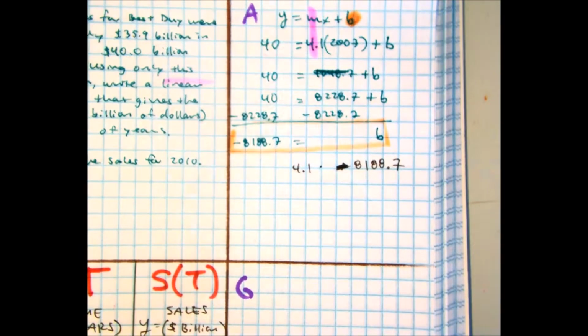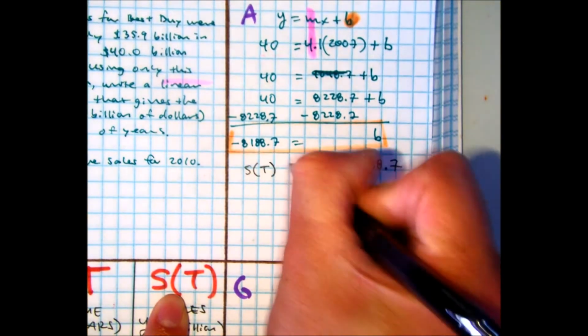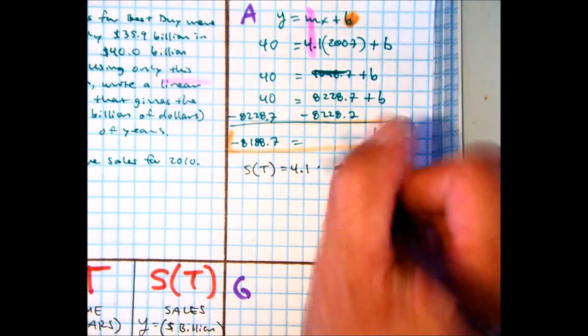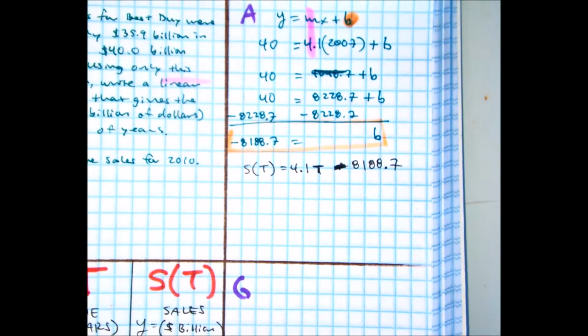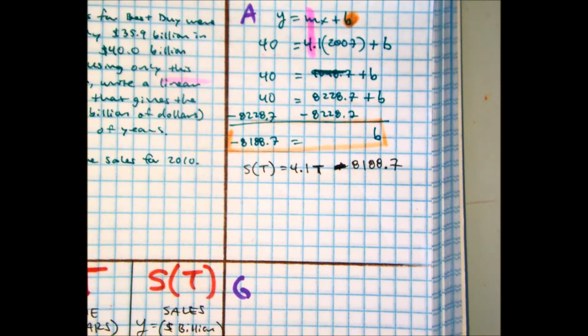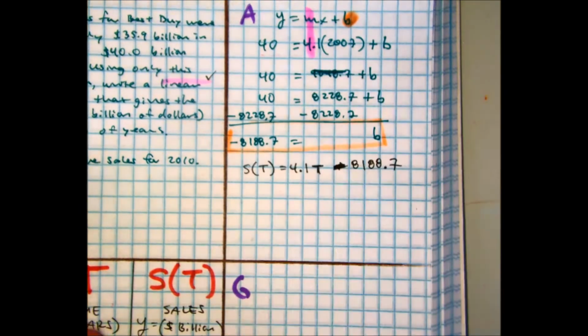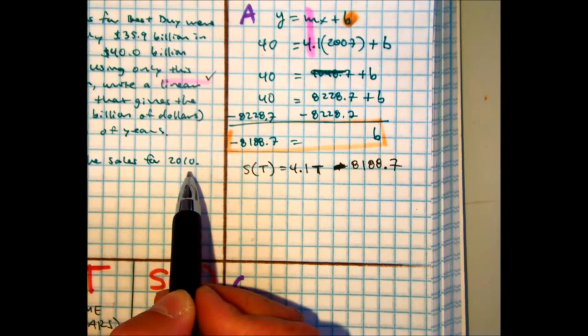Instead of writing the y, we're going to write s of t. And instead of x, we're going to write a t. So what we just did there is we wrote an equation now in function notation. So that is my linear equation. Done. Predict the sales for 2010.